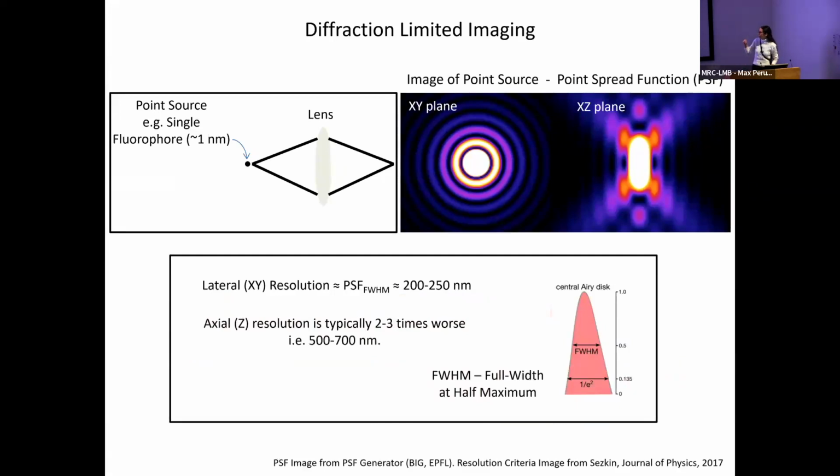When you have a system that can collect as much light as possible, typically an immersion lens, you can reach a lateral resolution of 200, 250 nanometers, and in the z-axis around 500 to 700 nanometers.